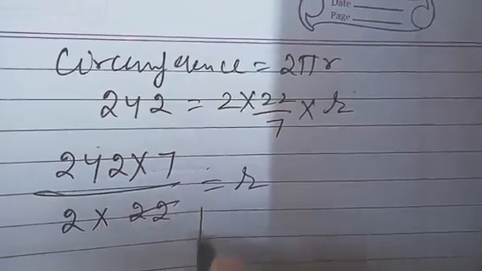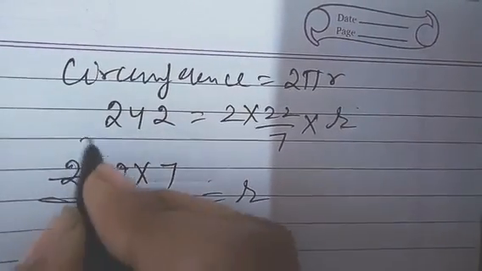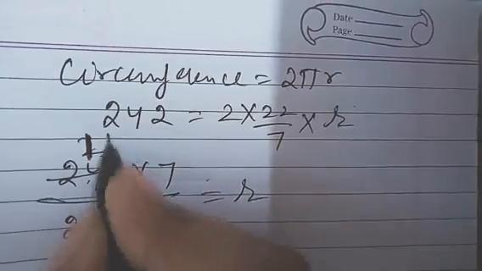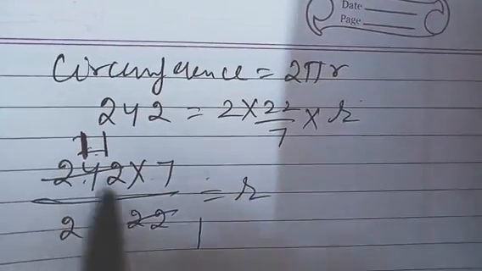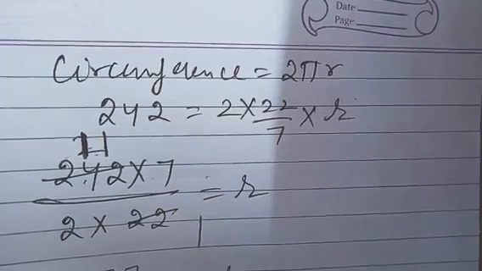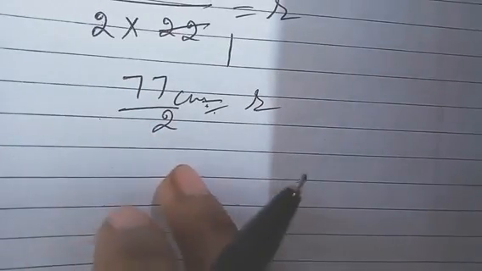Now 22 1s are 22, 22 2s are 44, again 22 1s are 22. That is 77 by 2 centimeter. The r value is 77 by 2 centimeter.